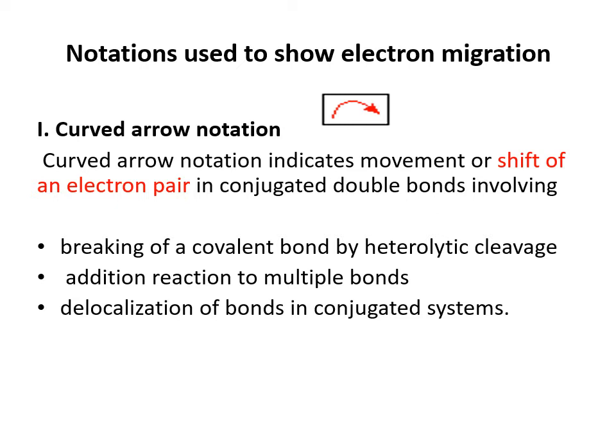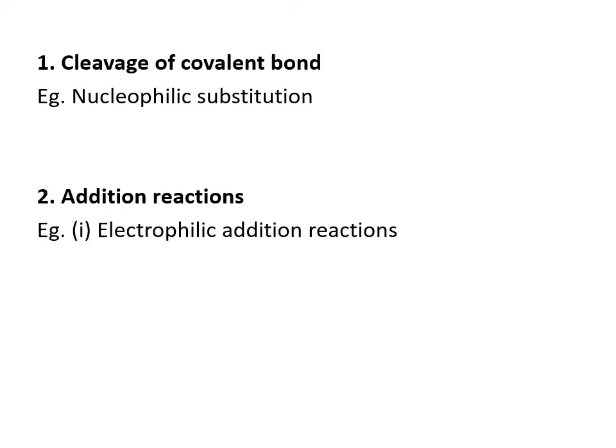And curved arrow notation is usually used to represent breaking of a covalent bond by heterolytic cleavage, addition reaction to multiple bonds, delocalization of bonds in conjugated systems. Cleavage of covalent bond, for example, in nucleophilic substitution reactions.